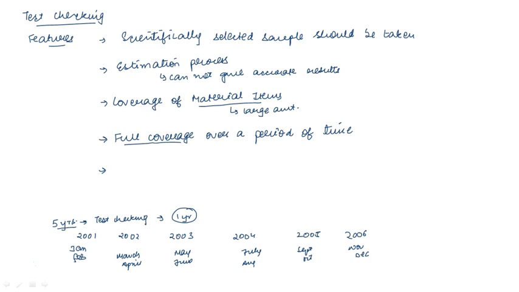There may be a surprise element. Now what is this surprise element all about? The staff, or you can say the management of the auditing company, that means the trainees who are there with the auditor and the rest of the people, they are not anticipated for test checking, right?